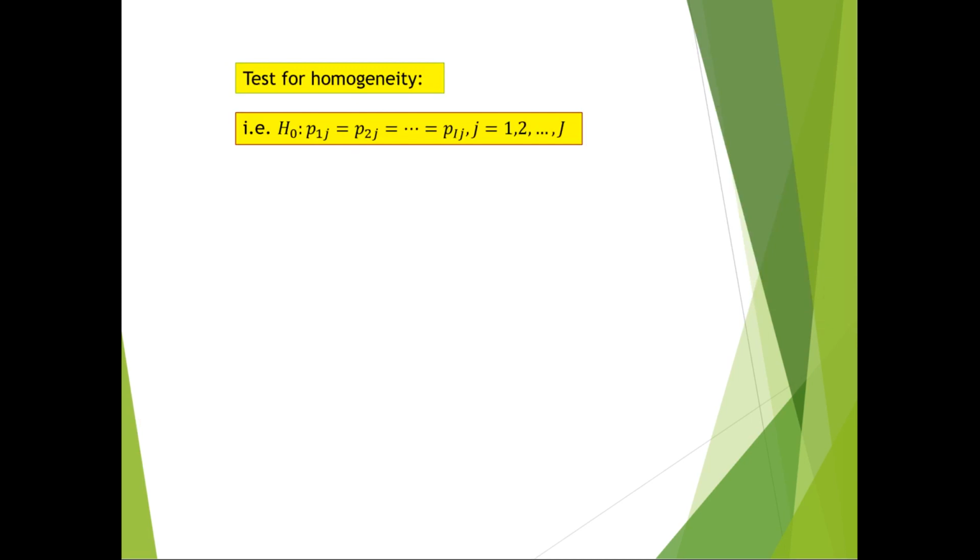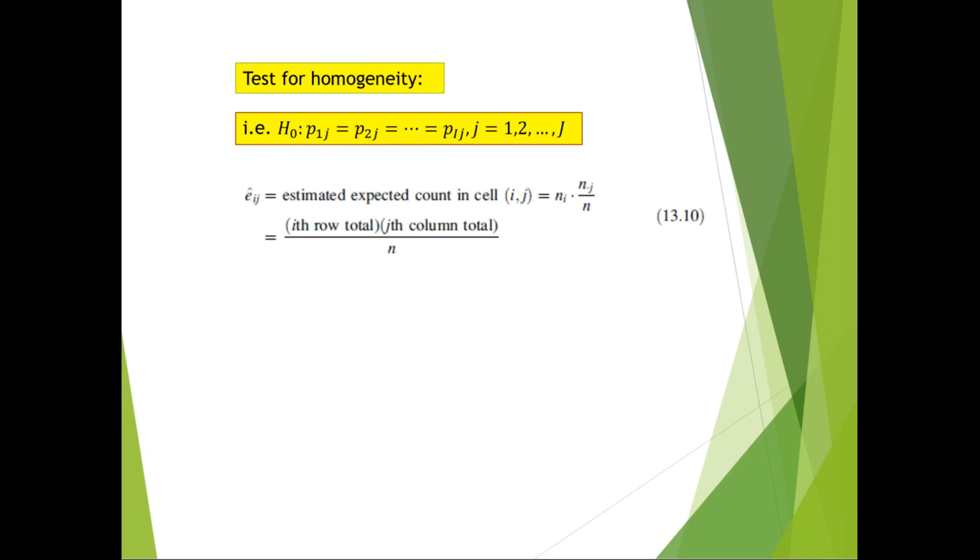For homogeneity, we compare the proportions in a number of categories over several populations. And within each cell, we estimate the expected count, and that expected count is the total for that sample times an estimate for that proportion, which is P hat j, and that's just the column total divided by the grand total.